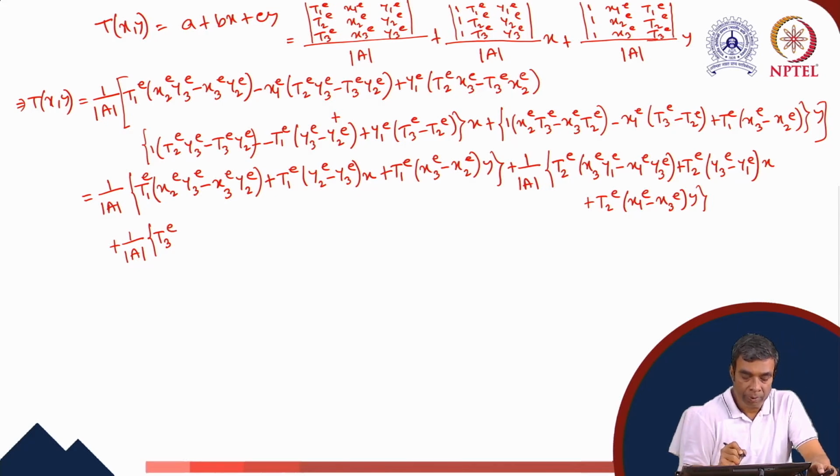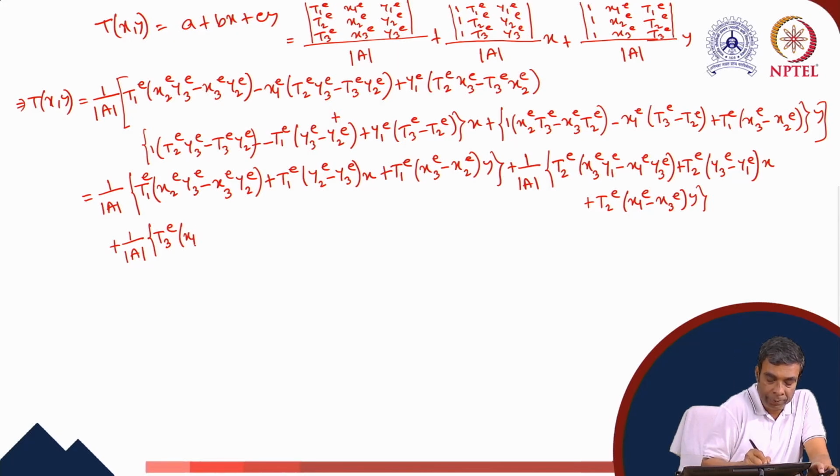From the small a portion, with T3e we have (x1e y2e minus x2e y1e).